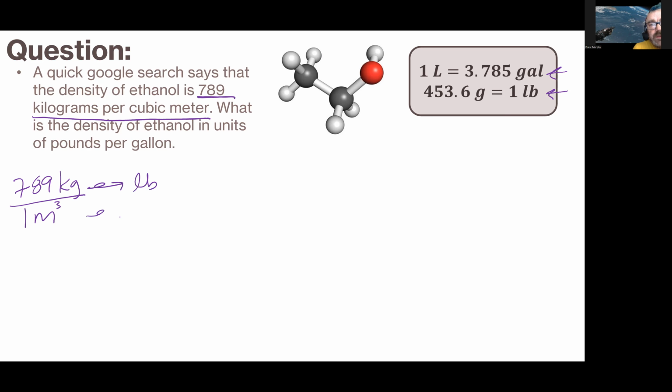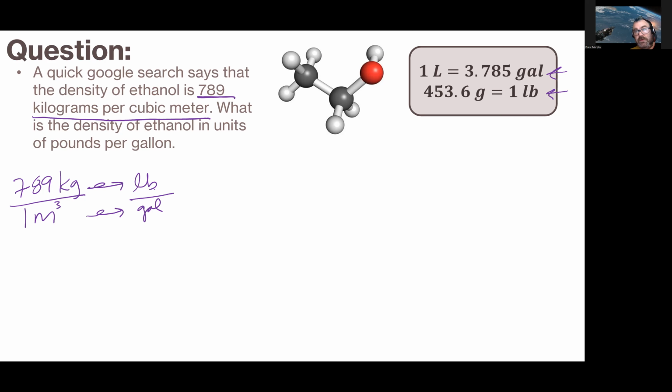And this meters cubed, we're going to turn it into gallons so that we get pounds per gallon.